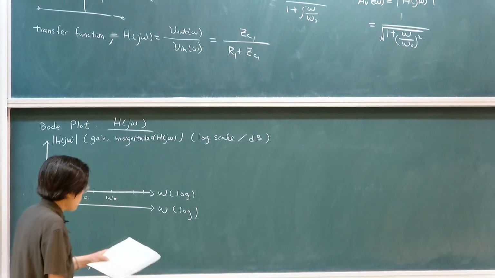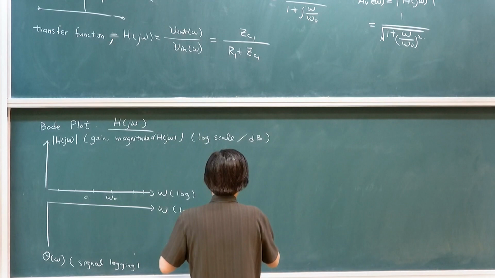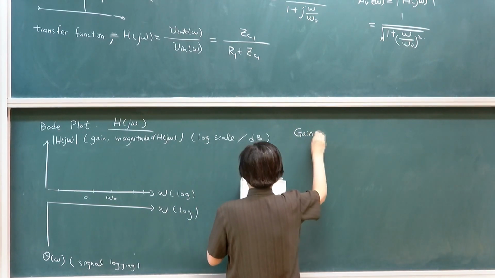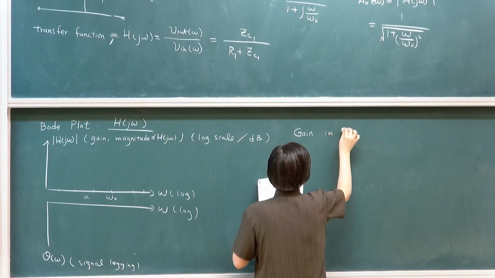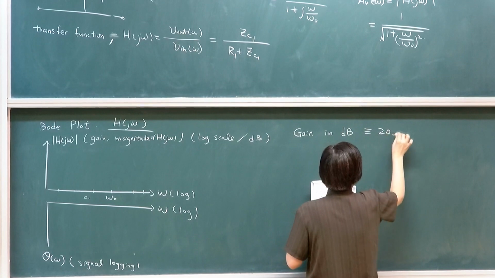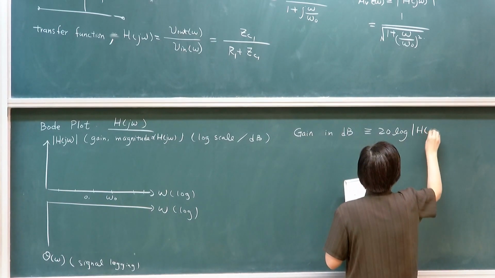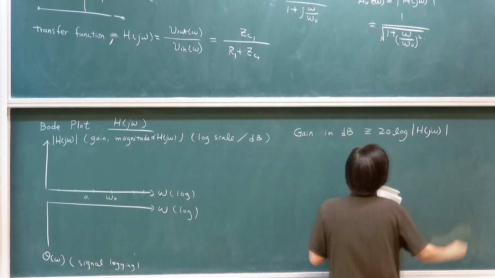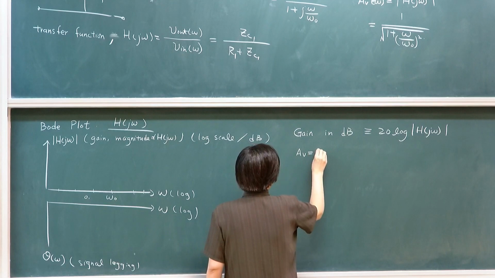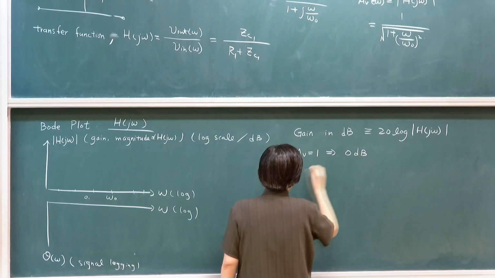So the definition of dB is decibels. Let me define gain. If you want to determine gain in dB, it equals 20 log of the gain. So for a gain of 1, it will be 0 dB.